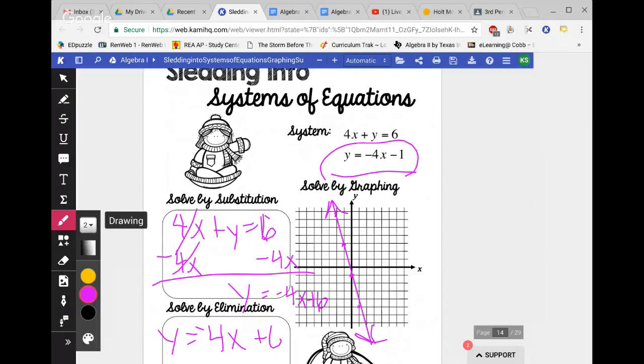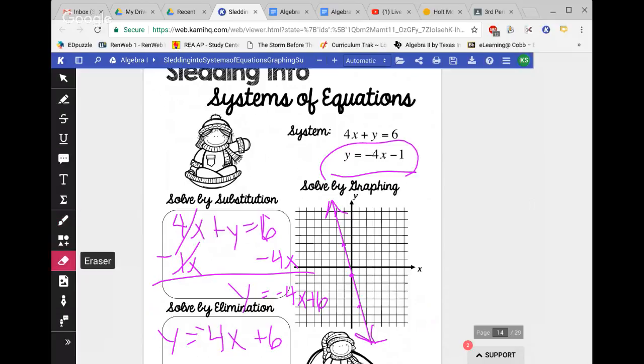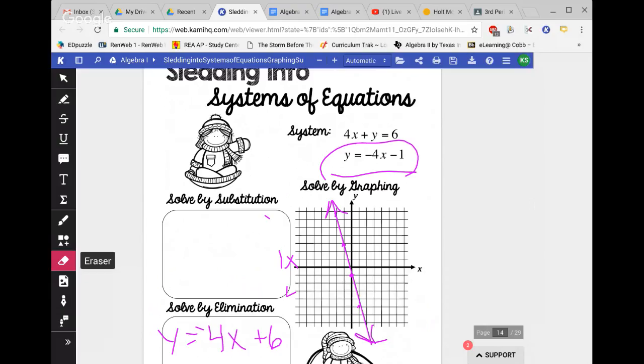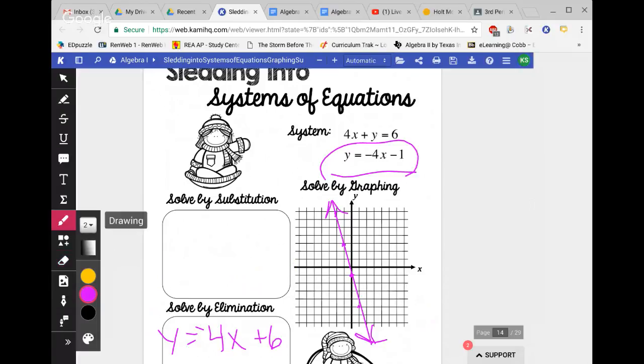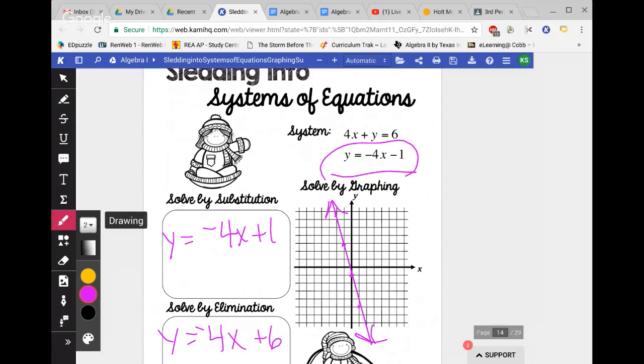Okay, Lily, do you notice anything about the slopes on both of these lines? They're positive. Well, one's positive and one's negative. Look at the slope-intercept form of the one that we just did. Maybe I should rewrite it so it's better writing. They're both negative. And they're both negative what? 4s.